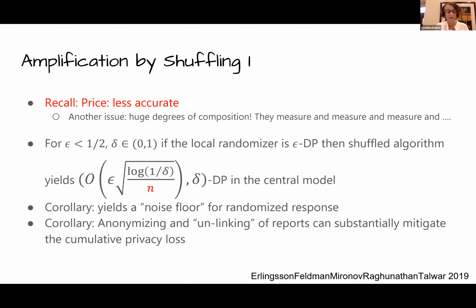Now, another corollary is this transformation also yields a sort of noise floor for randomized response in the central model. If you're going to have privacy that has a square root of n in the denominator, that says there has to be a lot of noise.